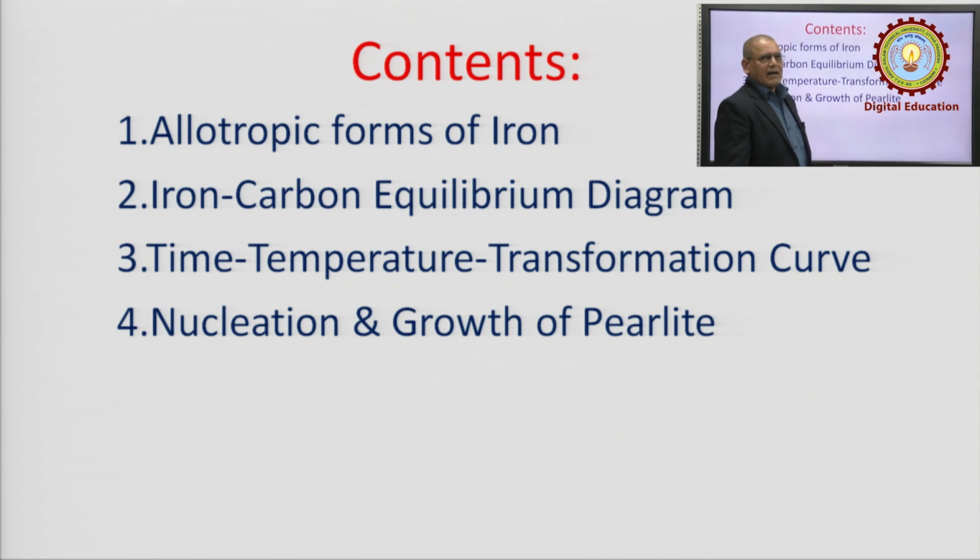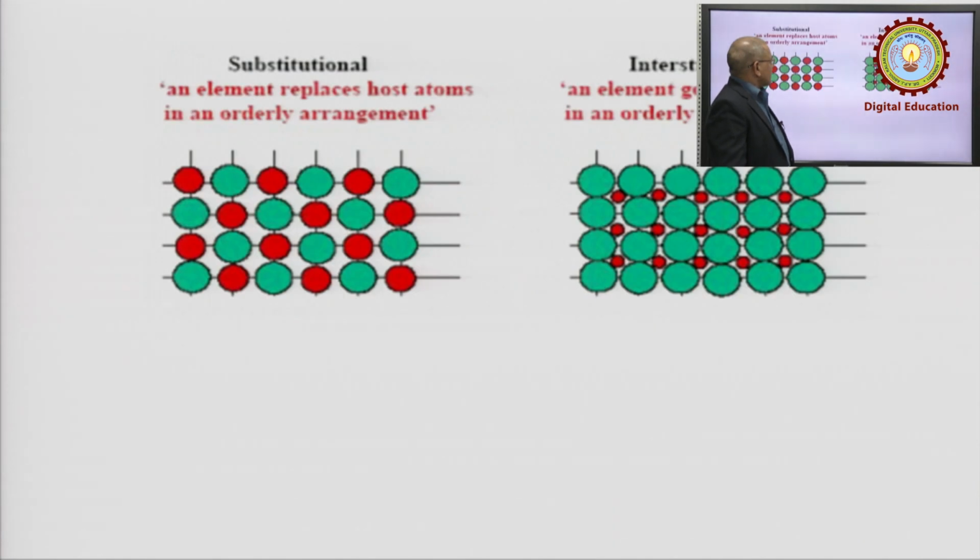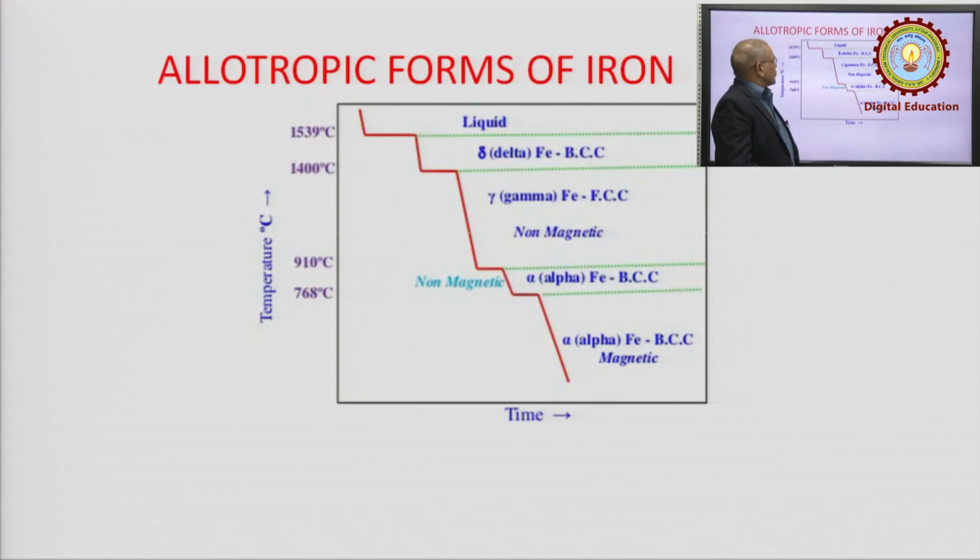Before we start the iron carbon equilibrium diagram, it is equally important to understand the allotropic forms of iron. The iron in this diagram has been shown from the liquid state. The melting point of iron is 1539 degrees centigrade.